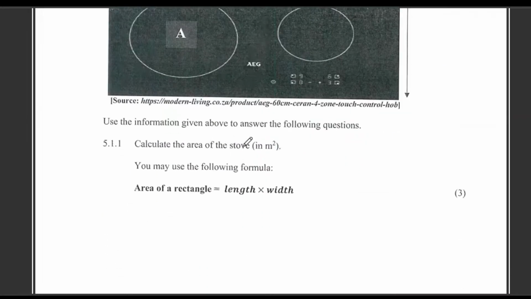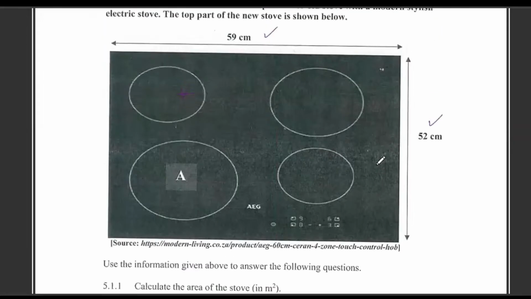Okay, let's continue. Calculate the area of the stove in meters squared. You may use the following formula. Definitely, it's already a rectangle. So before you substitute, make sure that the units are in meters.